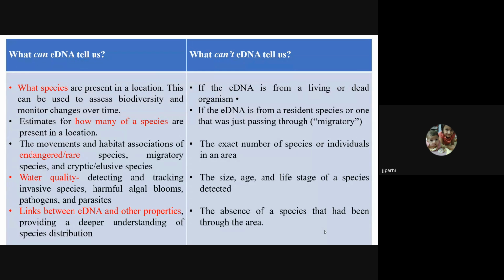Second, it can say how many individuals are present, which means abundance. It can also say the movement or habitat associated with endangered, rare or migratory species or any cryptic species, whether any are available in that region at a particular time.